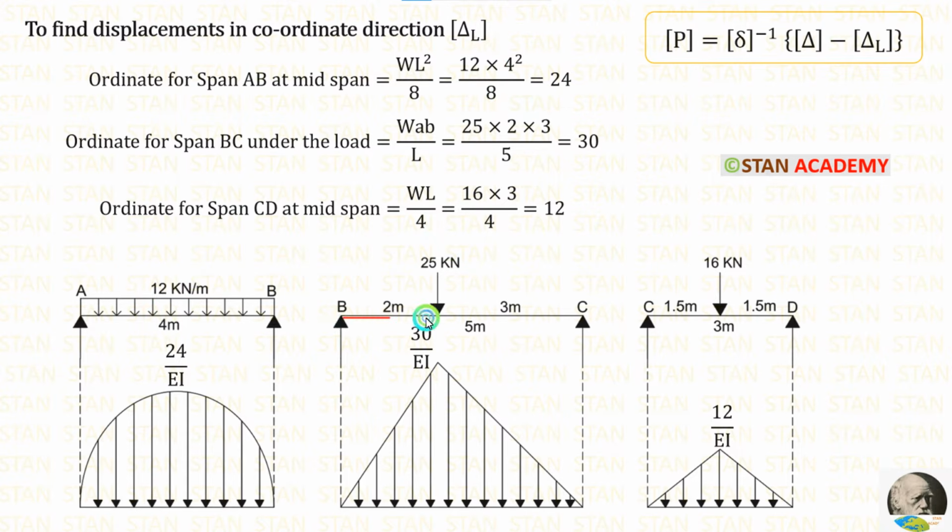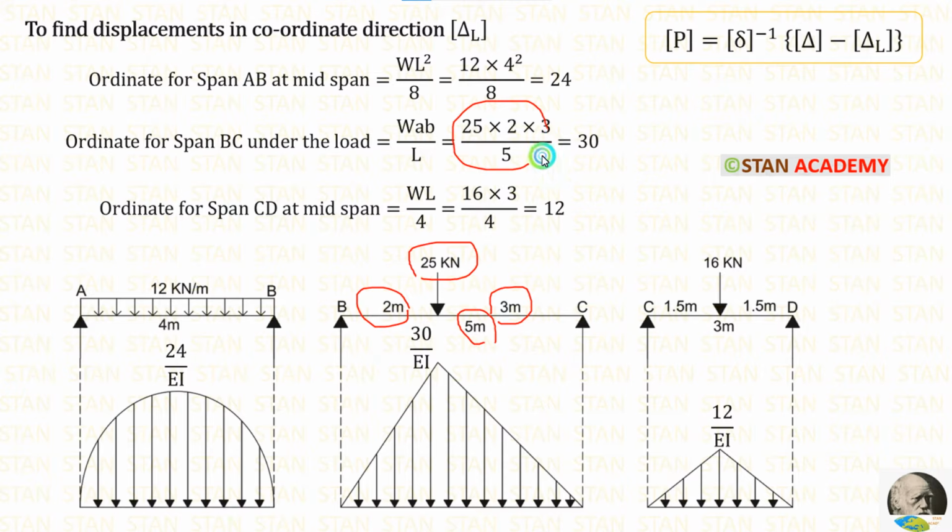Now let us take the beam BC. A point load 25 kN is acting. It is not acting on the center. The formula to calculate the maximum bending moment is WAB upon L. Here W is 25, A is 2, B is 3, L is 5.